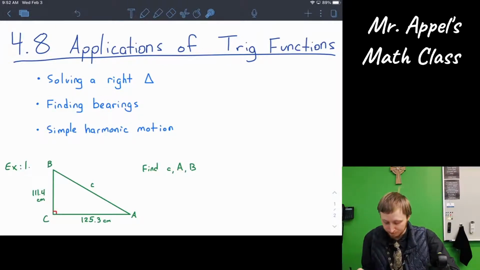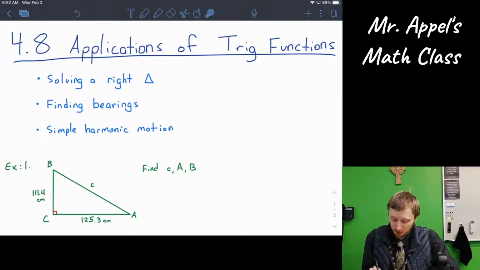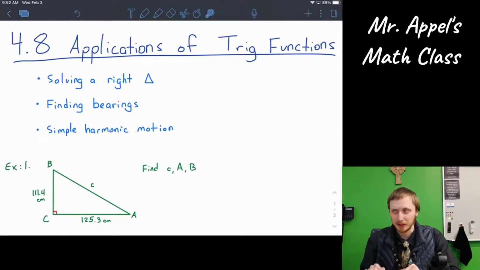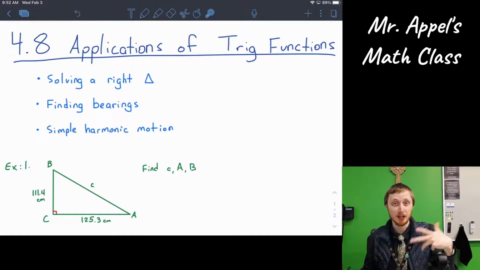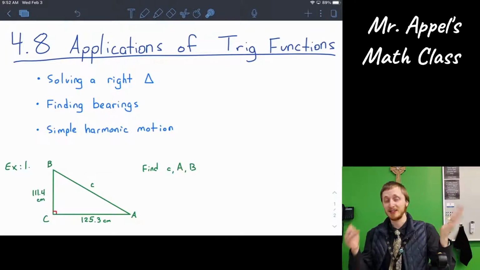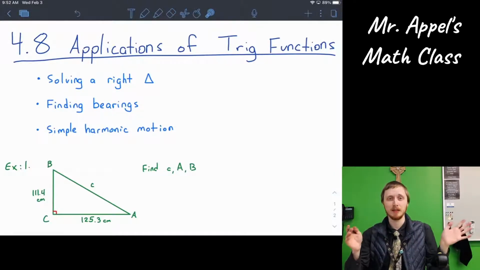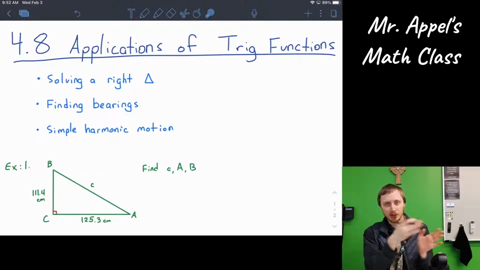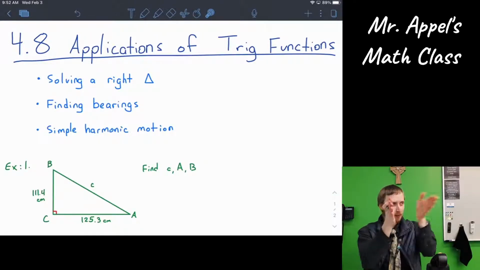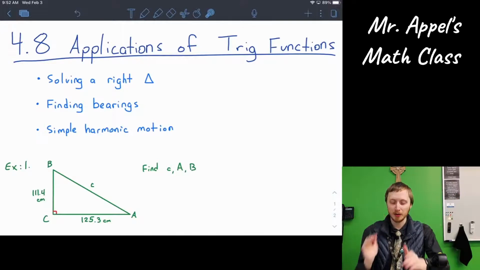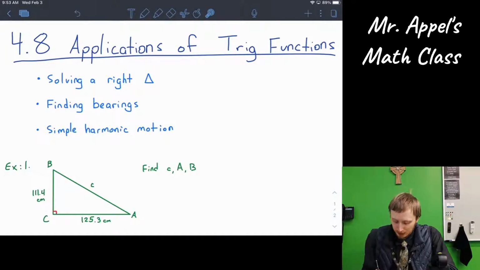Works beautifully. There was also the finding of bearings, another big application of trig, because it's dealing with angles, bearings being the direction you're moving in, right? What angle you're moving at relative to north or south. And that's a pretty good one. If you like navigation or being on boats, that's a great one.